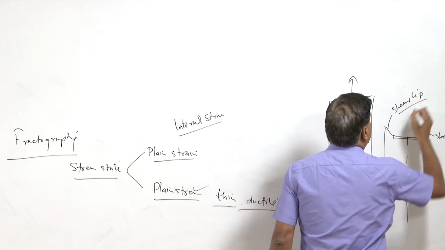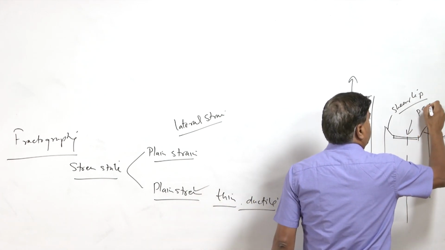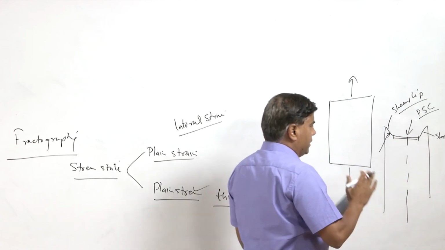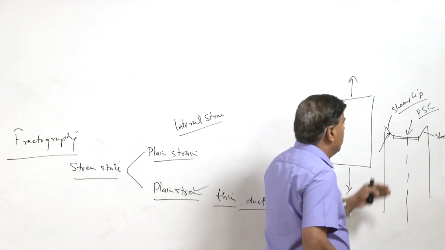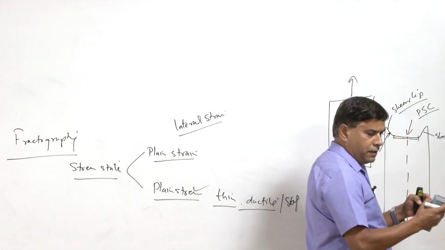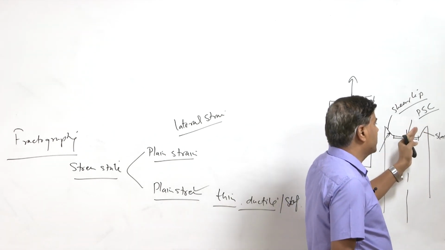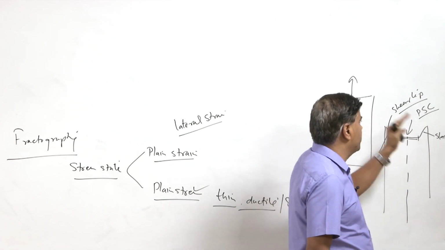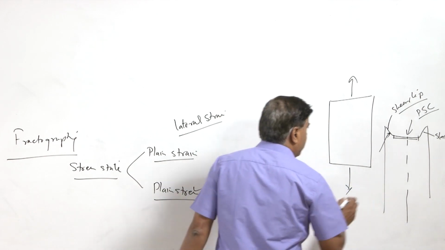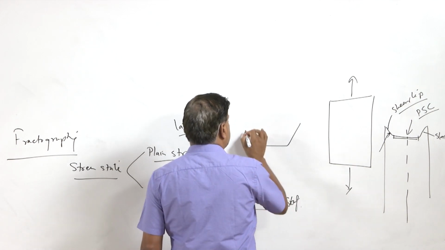So, we have plane strain conditions in the middle and plane stress conditions near the surface, because the fracture begins from the center, and as the crack grows towards the side the stress and strain conditions are relaxed and approximate plane stress conditions near the surface. That is why we have the flat fracture surface at the center and shear lips at the corner.